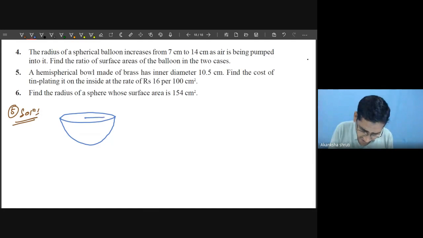This is the opening which has the radius r, and from here to here, anywhere you draw, it is always r.